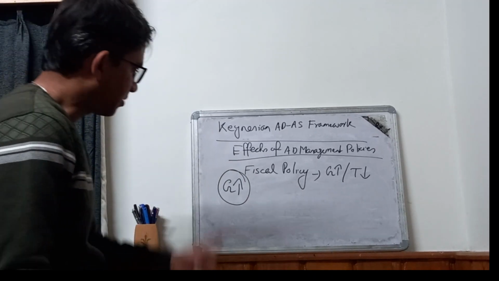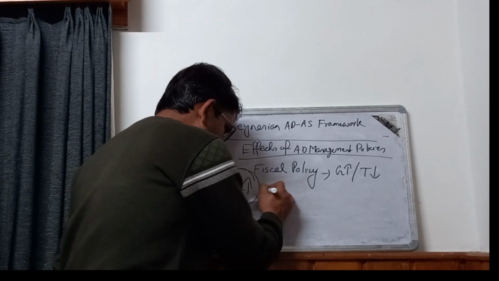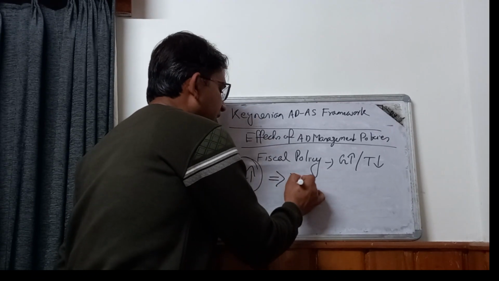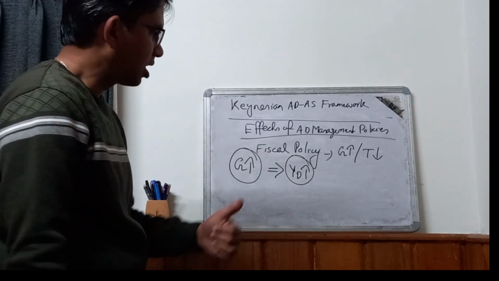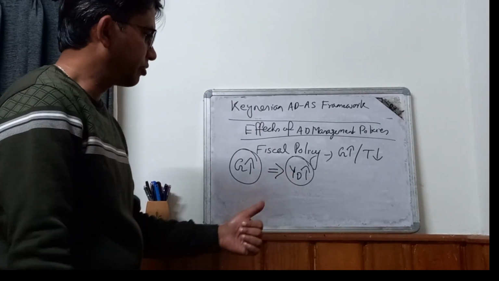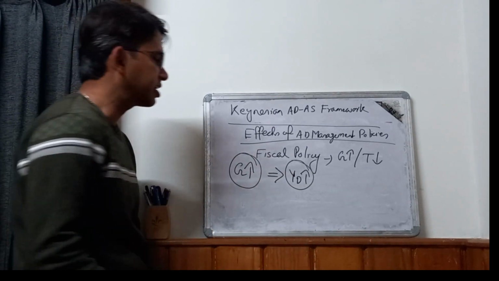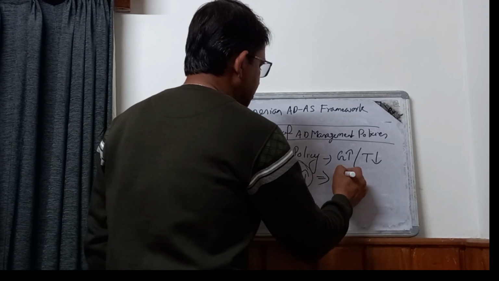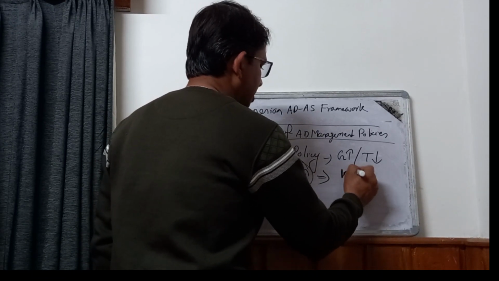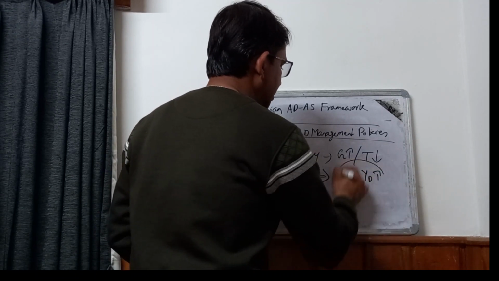So we start with the situation in which the government increases the public expenditure. And we know that public expenditure is a component of aggregate demand. So whenever public expenditure rises, directly the aggregate demand will rise. So the commodity market is in equilibrium. Now if we think about the interaction with the money market, what do we see? An increase in aggregate demand means the transaction demand for money, which is k P times YD, will increase.